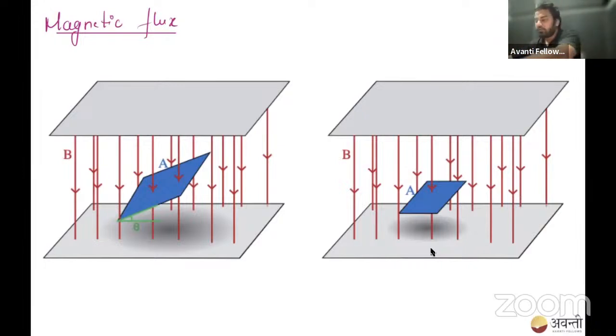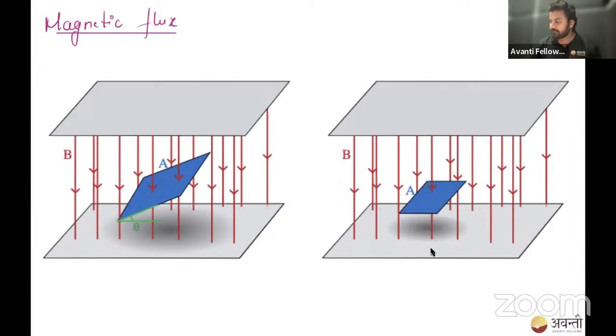So to understand this influence, we study it in terms of field lines, magnetic field lines. Simple. Let's say some magnet is there in my laptop, and some magnetic field lines are coming out of my laptop.